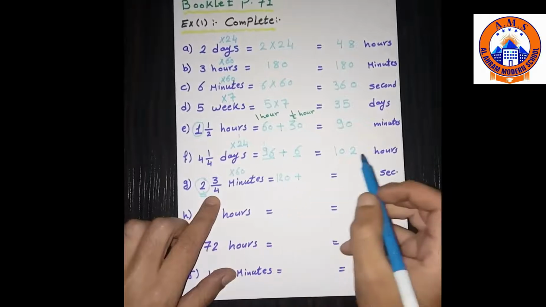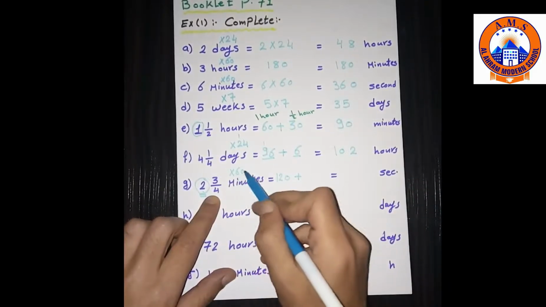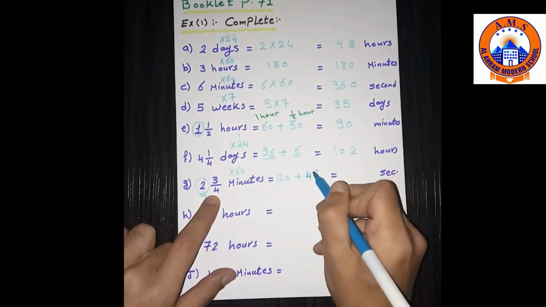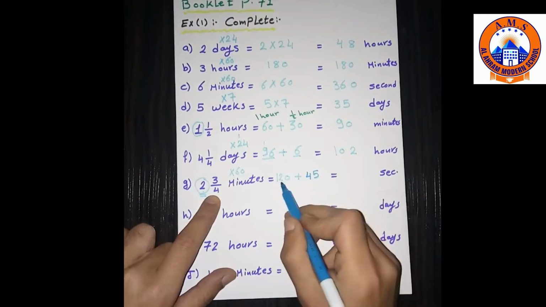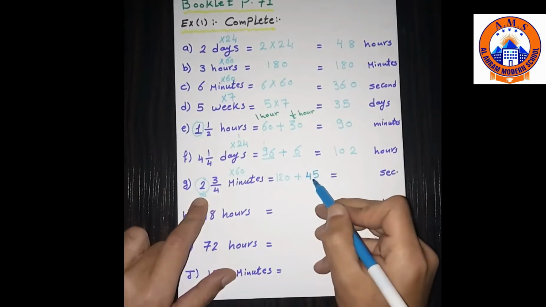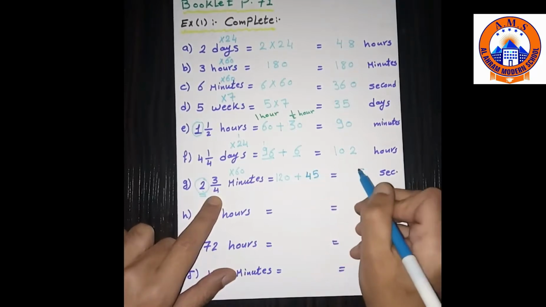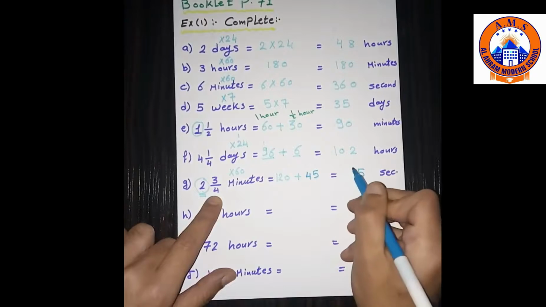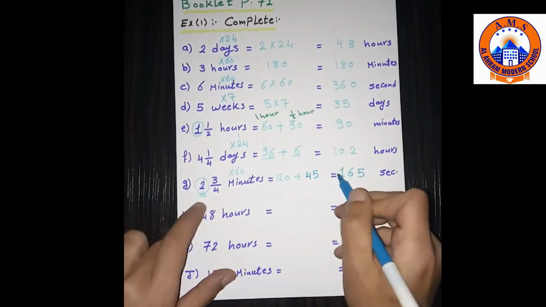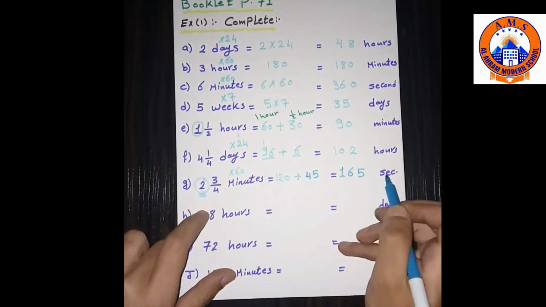A quarter of a minute is equal to 15 seconds, so 15 and 15 and 15 equals 45 seconds. Then we add 120, which refers to 2 minutes, plus 45 seconds, which refers to 3/4 of a minute. 0 plus 5 equals 5, and 2 plus 4 equals 6, and for the 1 in 100, there is nothing here, so we put 1. Then 2 3/4 of a minute equals 165 seconds.